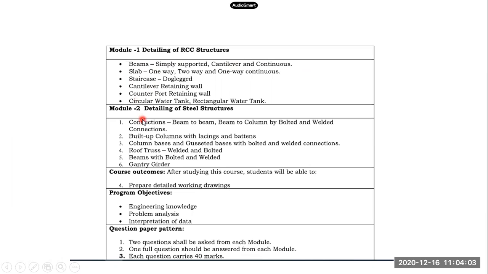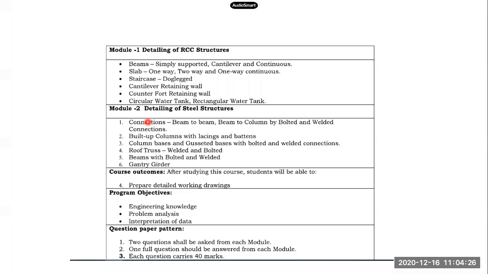Now, in case of steel, there will be two parts, module 1 and module 2. In the second module, you'll be coming across the detailing of steel structures. The first thing we'll be dealing with is the connection details, that is beam to beam connection or beam to column connection, both welded as well as bolted connections.